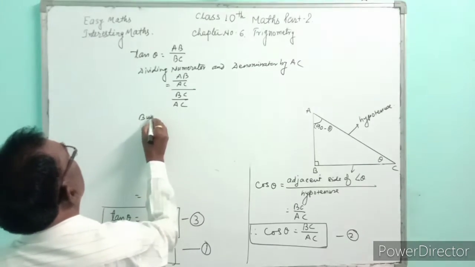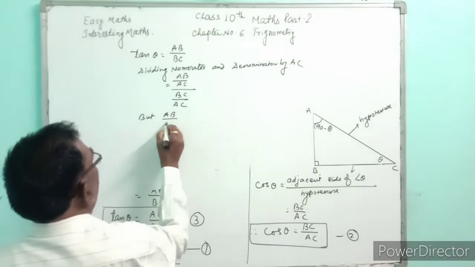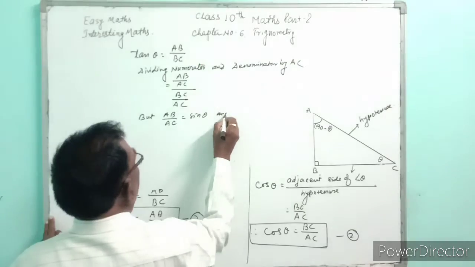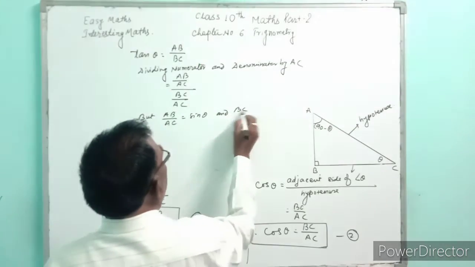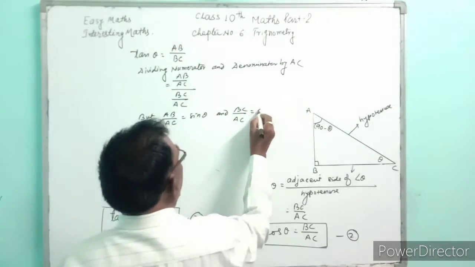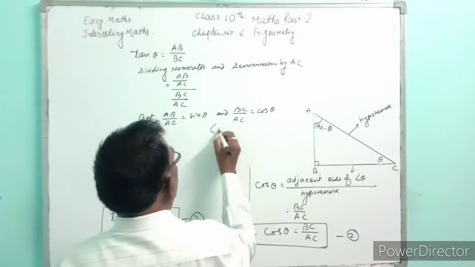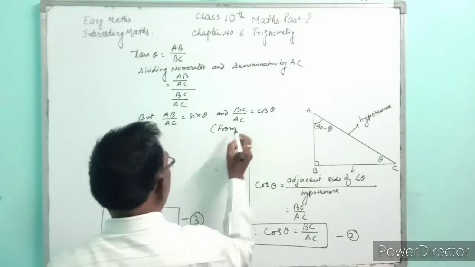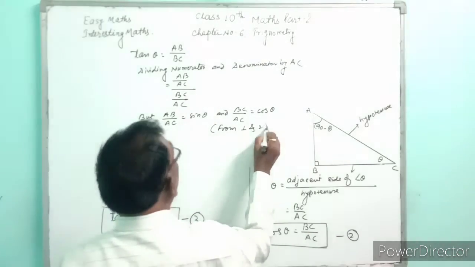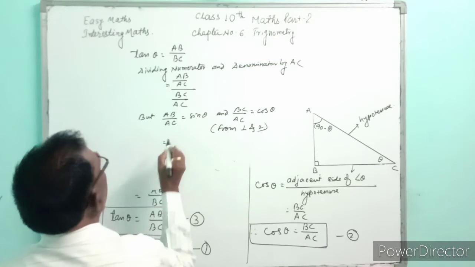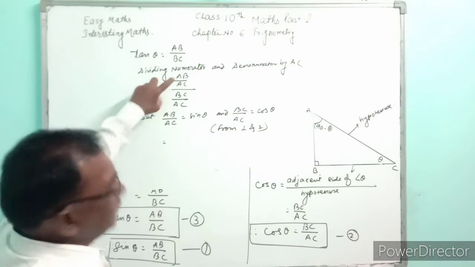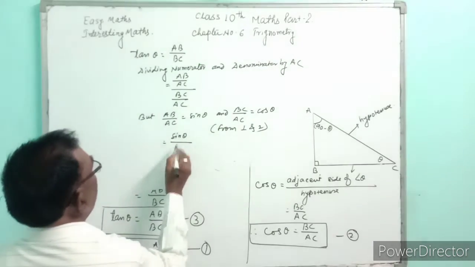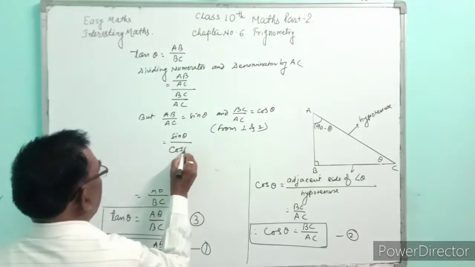But AB by AC is equal to sin theta and BC by AC is equal to cos theta, from 1 and 2. Therefore, AB by AC upon BC by AC, that is sin theta upon cos theta.